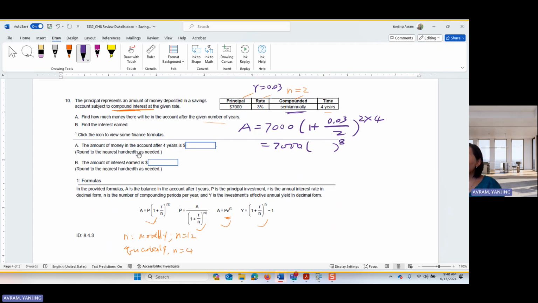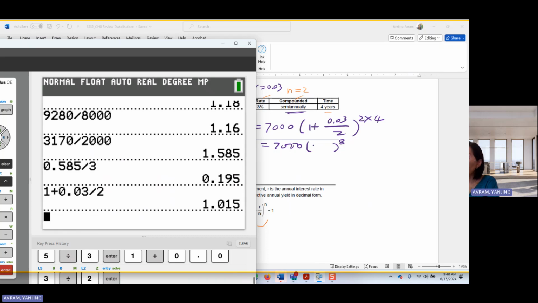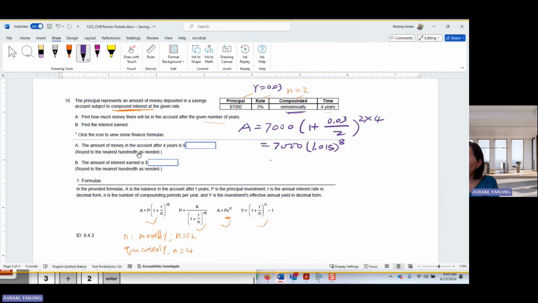The parentheses is 1 plus 0.03 divided by 2. That will give you 1.015. So this 1.015 must be raised to the power of 8 first before you multiply by 7,000.